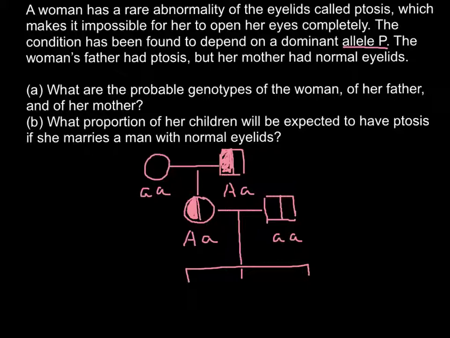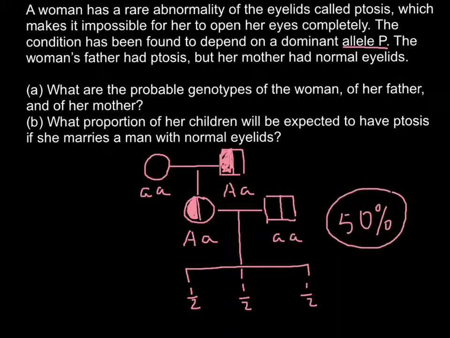So this would mean that every one of her children would have 1/2 chance to inherit this genetic disorder, and overall this is going to be a 50% probability for her children to have this genetic disorder, meaning that every one of the children would have 50% chances to have this genetic disorder.